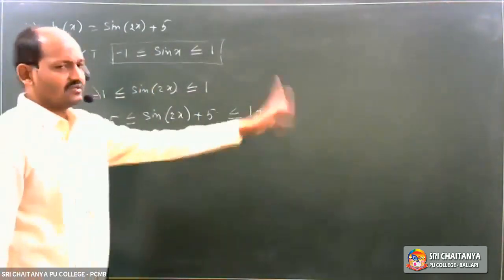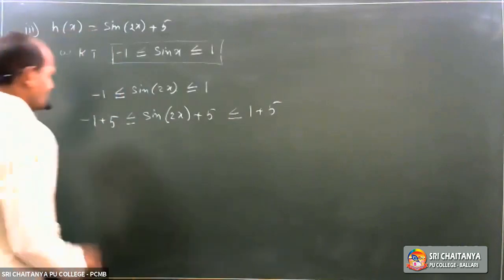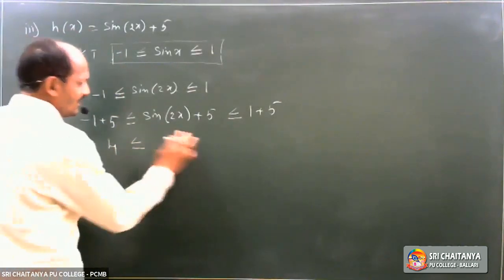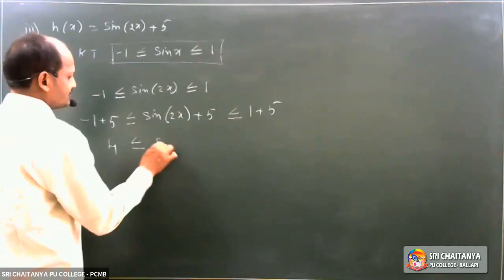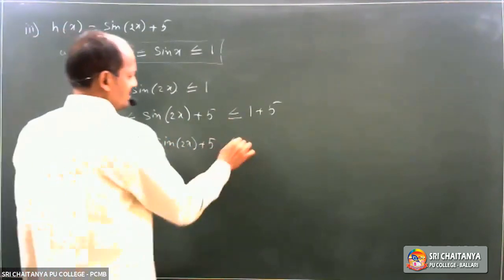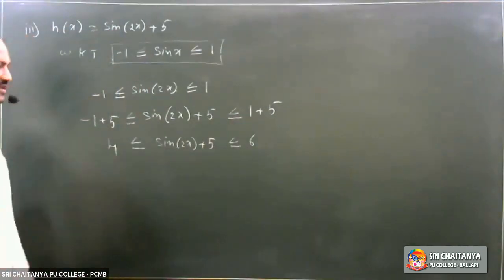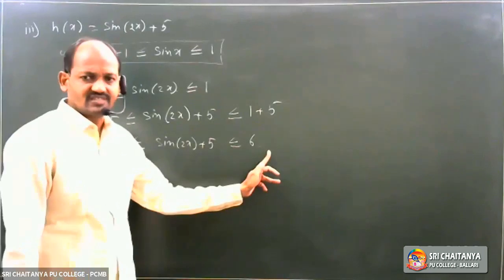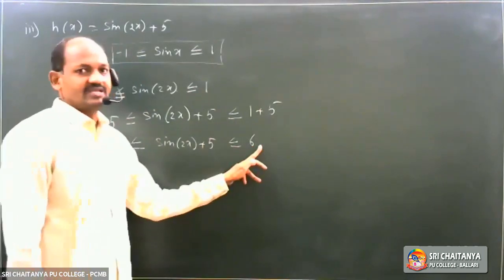Throughout the inequality, we are adding 5. So it is 4 less than or equal to the given function, sine of 2x plus 5, less than or equal to 6. So 4 is less than or equal to the given function, which is less than or equal to 6. This is the minimum value, this is the maximum value.